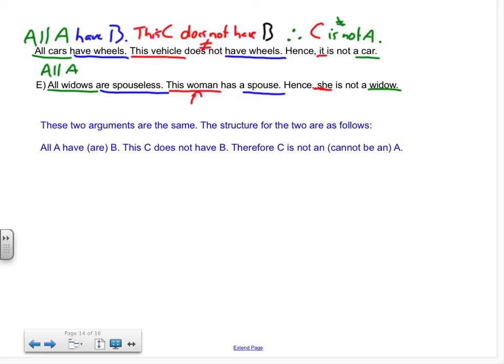All A are B. This C can't equal B, or has a spouse. Here it's spouseless, here it has a spouse, so it's opposite. Hence, or therefore, C is not A. She is not a widow.